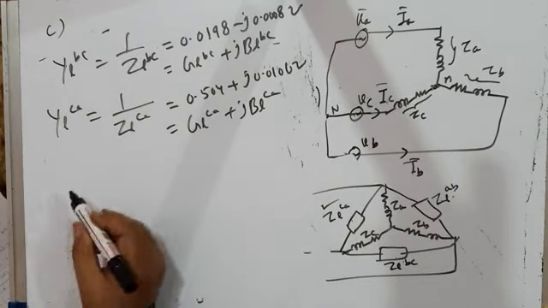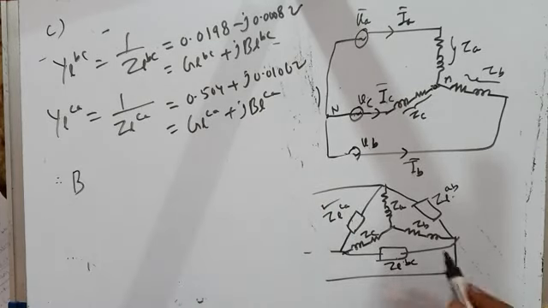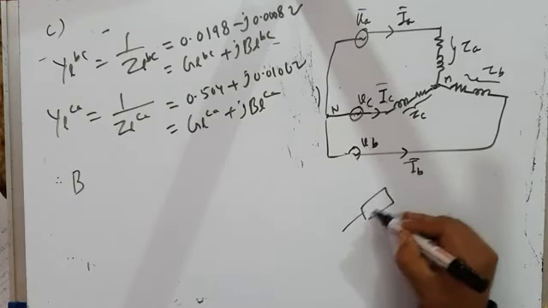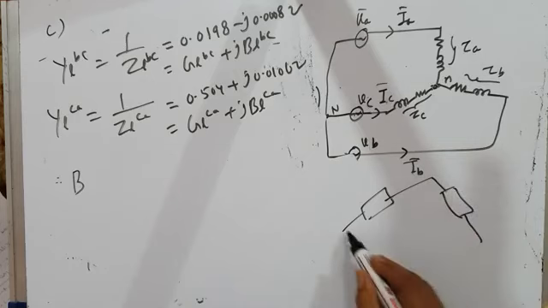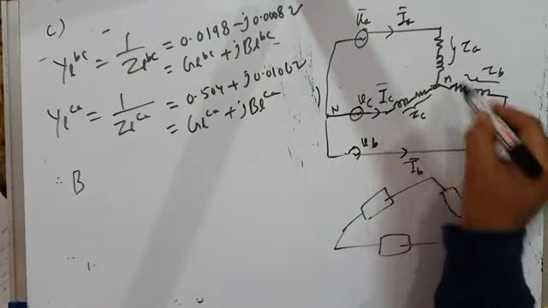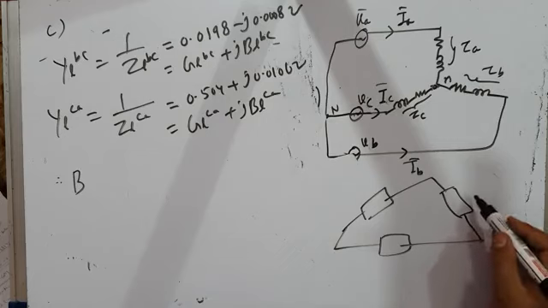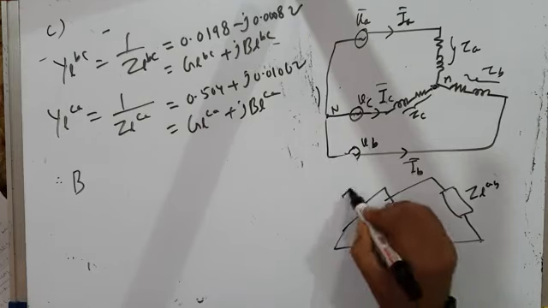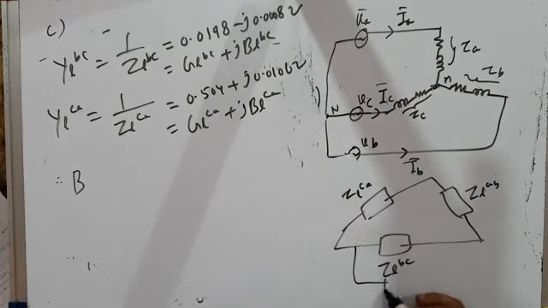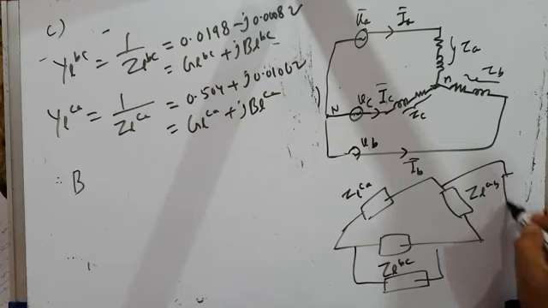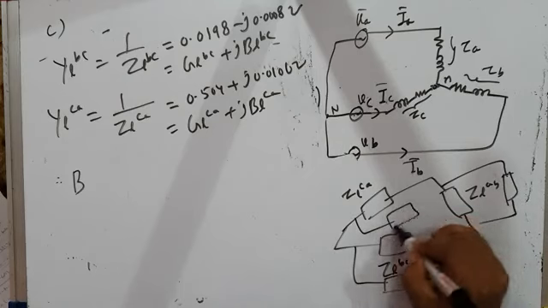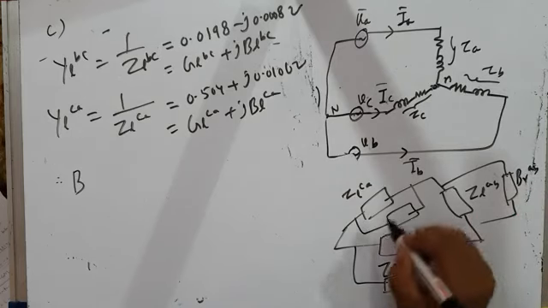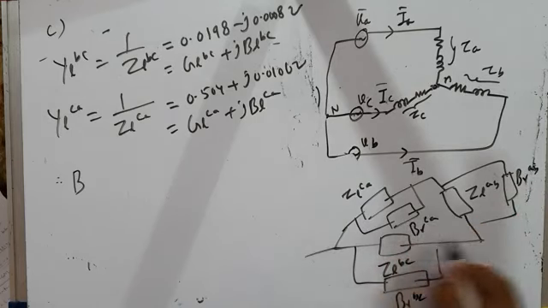Now you connect the compensator. This is your equivalent delta connected unbalanced load. Originally in the problem you are given a star connected load; you have converted it into an equivalent delta connected load with ZLAB, ZLBC and ZLCA. Now you connect the passive compensators across each branch like this. So this is B gamma AB, this is B gamma BC, and this is B gamma CA.